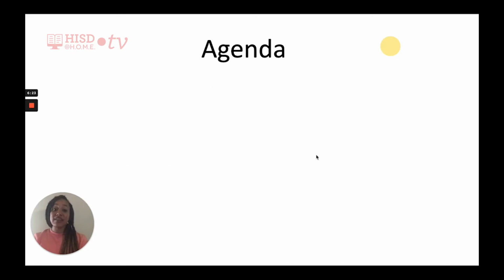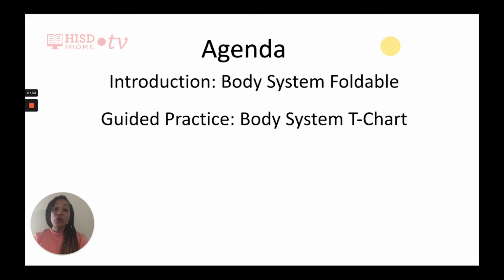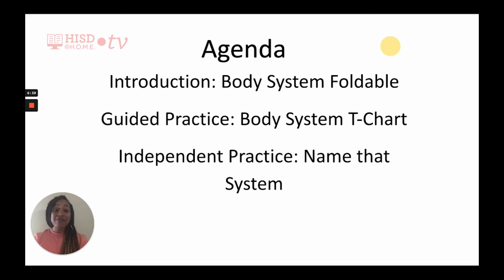The agenda: we're going to complete a body system foldable on the skeletal system and the muscular system. We will then complete the body system T-chart and compare the two systems. After, we will then play Name That System.